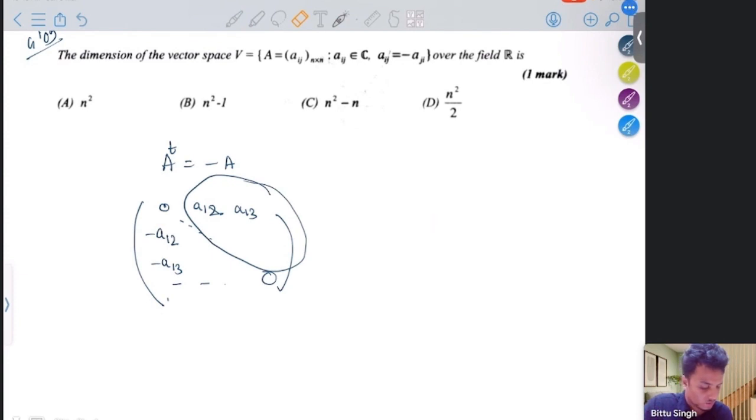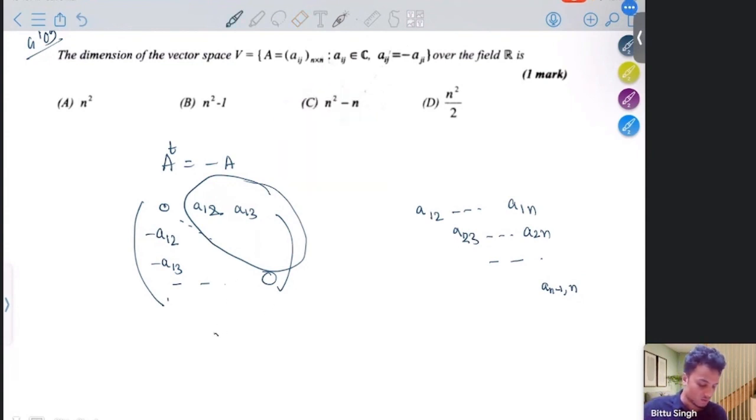Now in the upper half part, the entries will look like a12 up to a1n, then a23 up to a2n, and the last non-zero entry will be at the (n minus 1)th position, a(n minus 1, n).